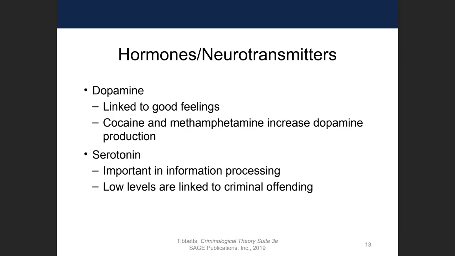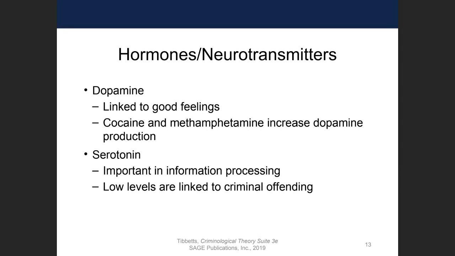Other studies have looked at other hormones and neurotransmitters, such as dopamine. Dopamine is a neurotransmitter, which is basically a hormone that sends messages between the brain and the body that is linked to good feelings. What they found is that using certain drugs like cocaine and methamphetamine will increase dopamine production.